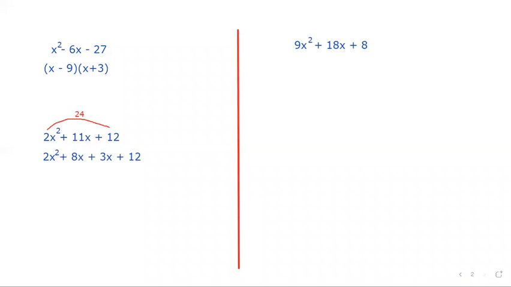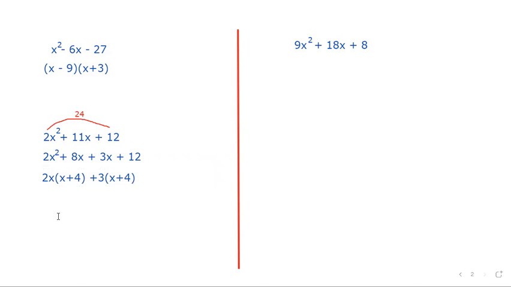So when we do this, now we want to use our greatest common factor to factor it out. The greatest common factor here between 2x squared and 8x will give us 2x, and that will give us x plus 4. And the greatest common factor between 3x and 12 is 3, and that would also give us x plus 4.